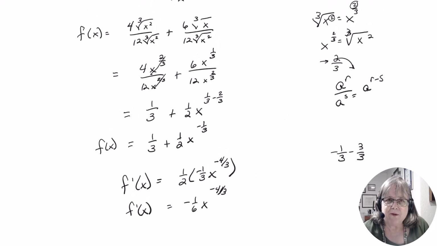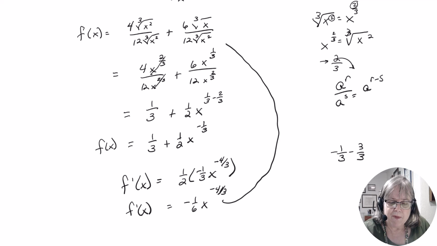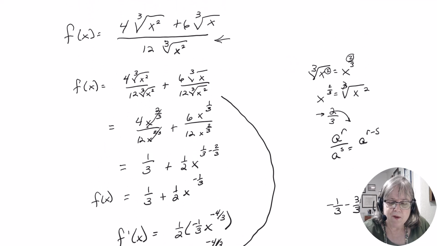Remember, standard form is to return it to the style, I guess, of the way it was presented to you. So when it was presented to you, we changed it, okay? But the way it was presented to you was using roots, not powers.